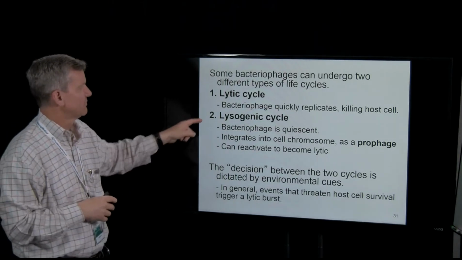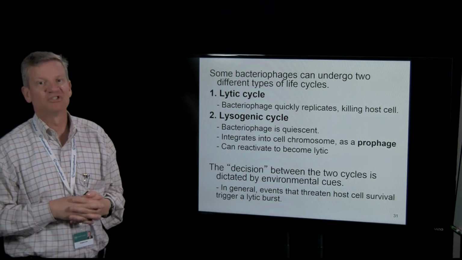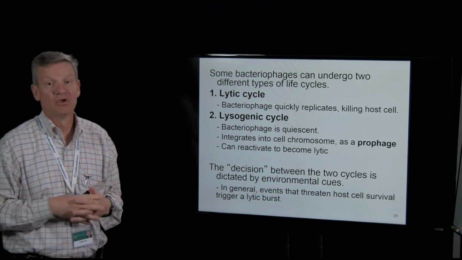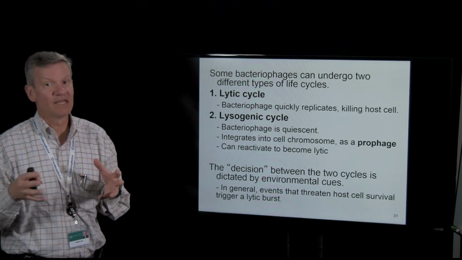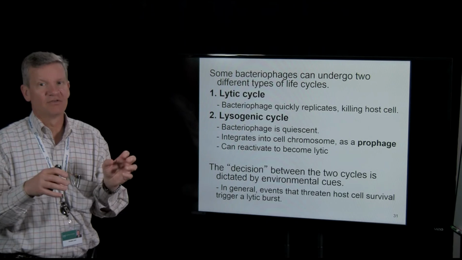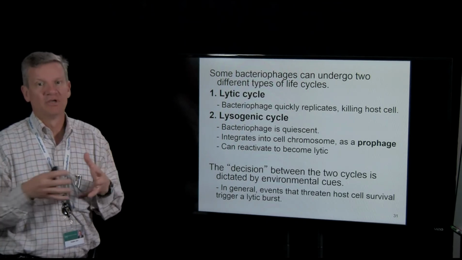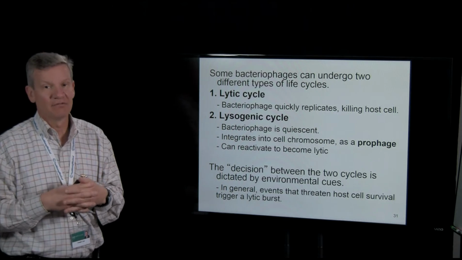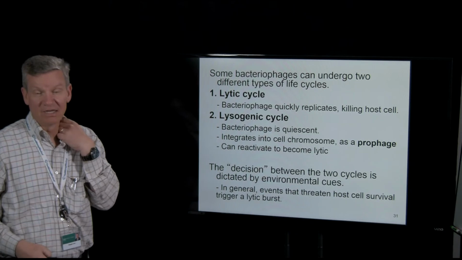Or it can be kind of sneaky, and it can undergo what we call a lysogenic cycle. Okay? So in this case, the bacteriophage integrates into the genome and becomes quiescent. And once it integrates into the genome, it's called being a prophage. And at a later time, it can reactivate and become lytic.